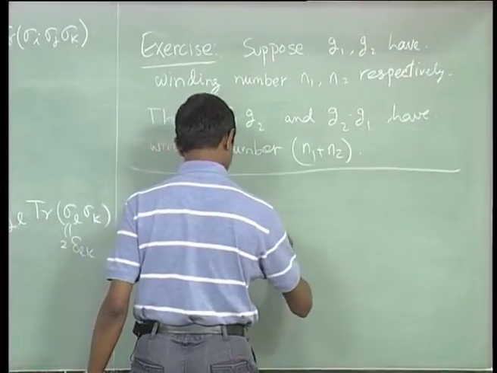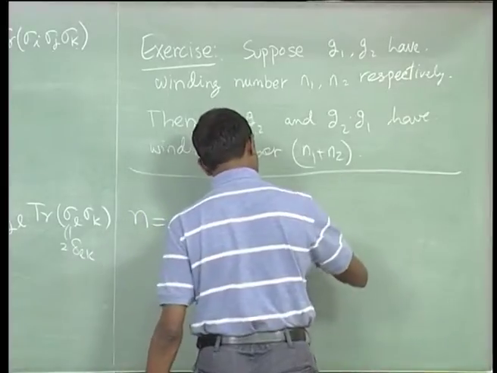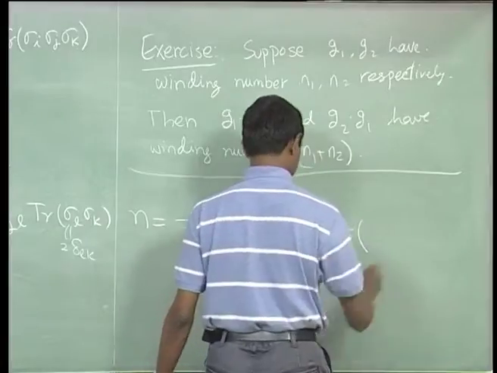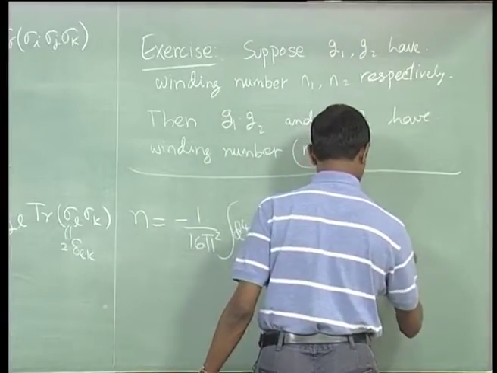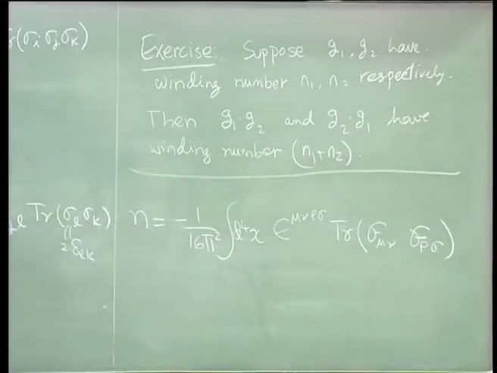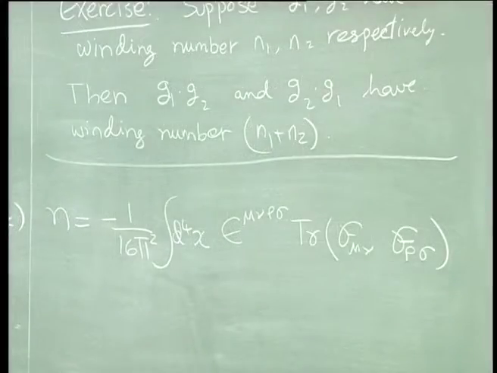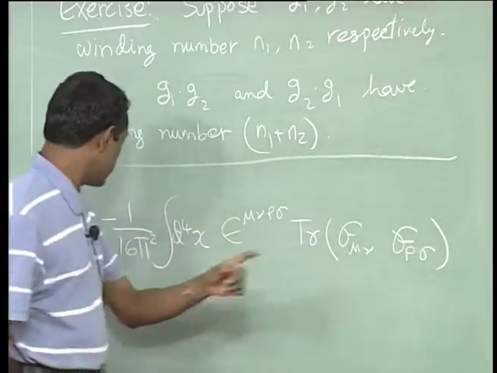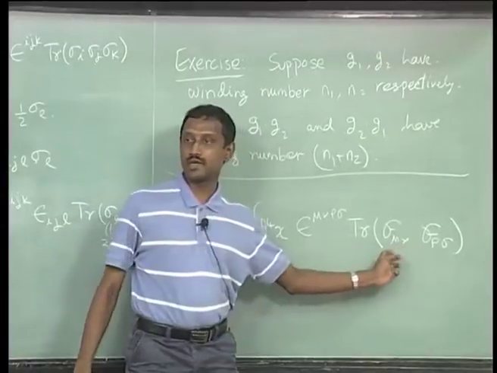This is something which you have seen in your assignment. In your assignment you had found this quantity, you had shown that this quantity was a total derivative.